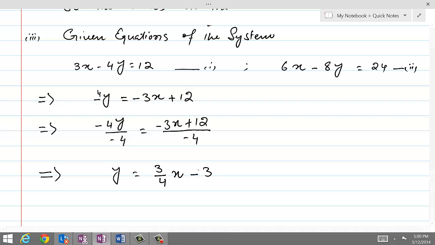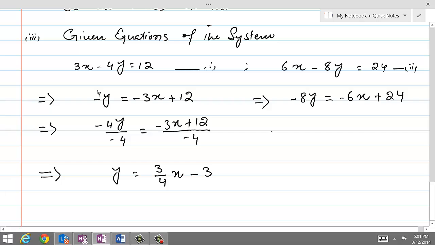So let's reduce the second one as well. So if we have minus 8y here equal to minus 6x plus 24, and now when we divide both sides by minus 8, this will give us minus 8y over minus 8 equal to minus 6x plus 24 divided by minus 8.